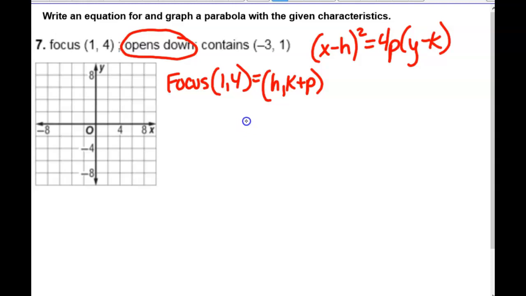So what do we know? H is 1. We also know k plus p is 4. And because it opens down, we know p is going to be negative when we get there.